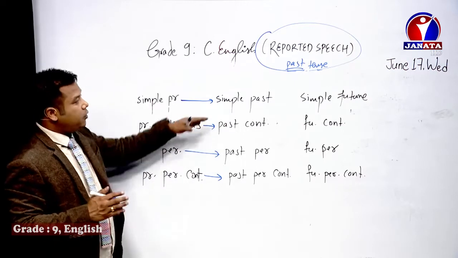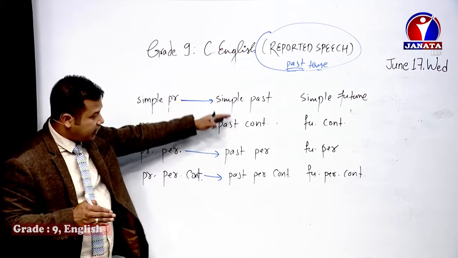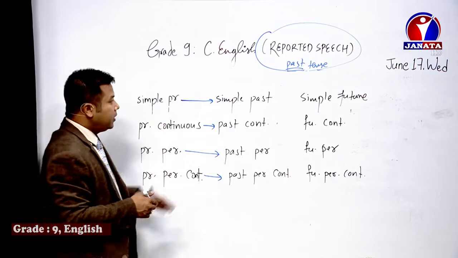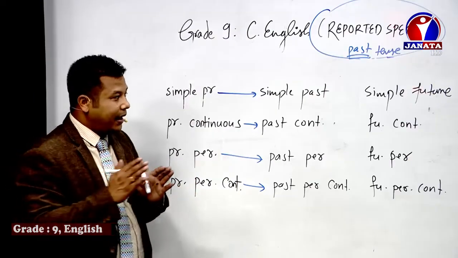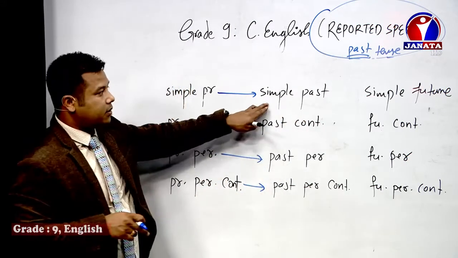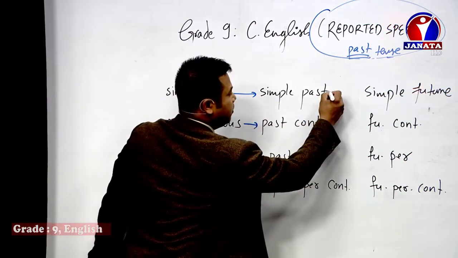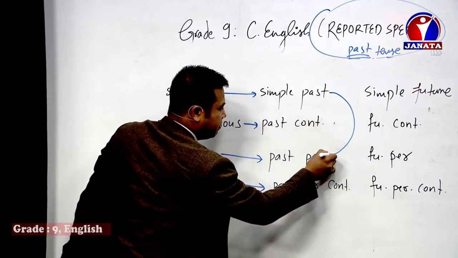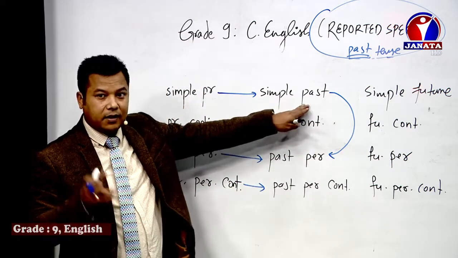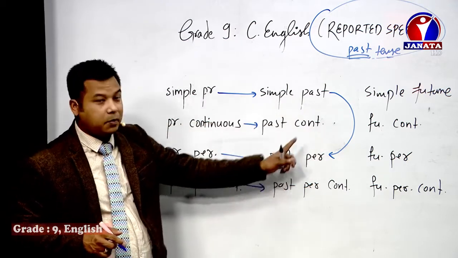Now, what if your speech in the direct is already in past tense, with all these varieties? Should you go back to present? Of course not. So here, there is a tip and a quick understanding again. If your tense is simple past in the speech, we just need to jump one step further. Which means if your tense is simple past in the direct speech, when it becomes indirect, you just need to put it into past perfect tense.